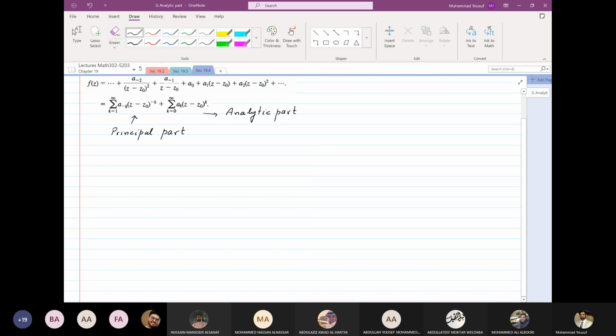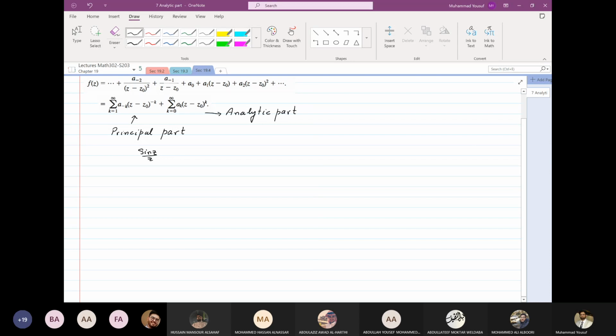It is a removable singularity, it is a pole, or it is an essential singularity. For example, sine of z over z.